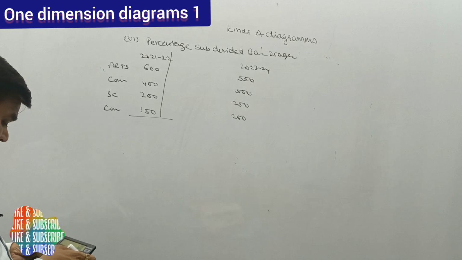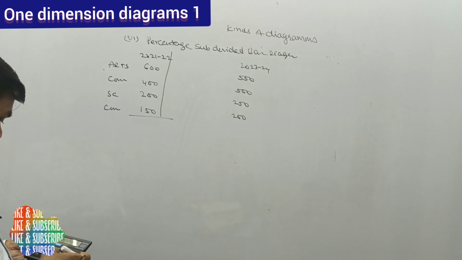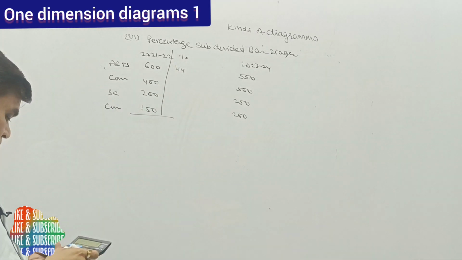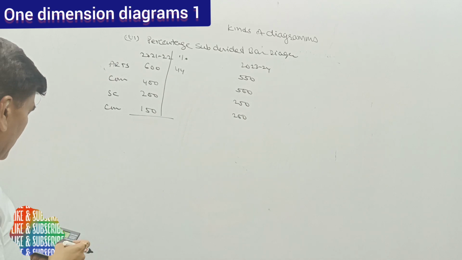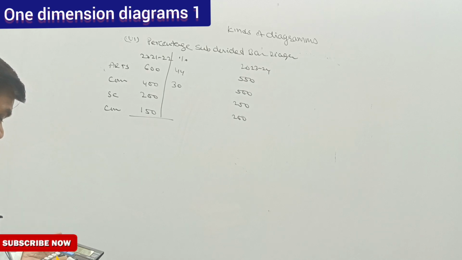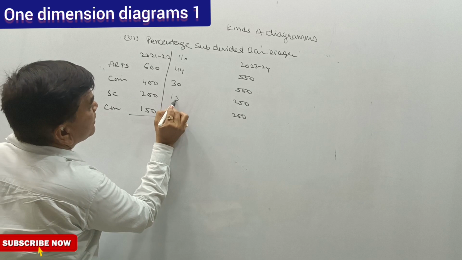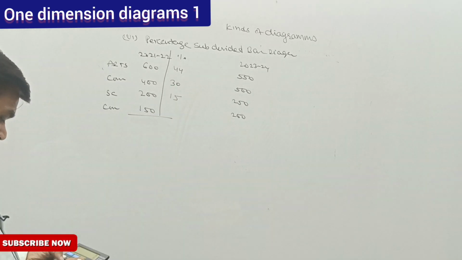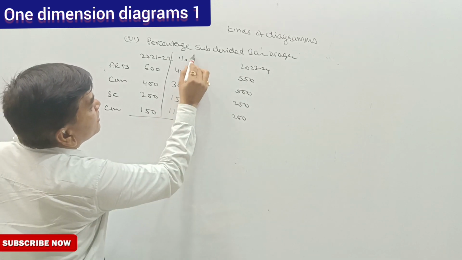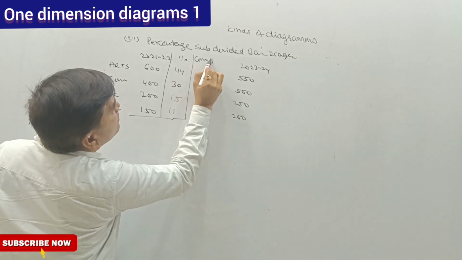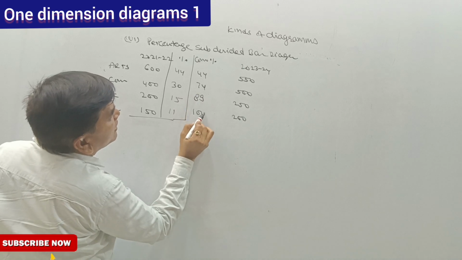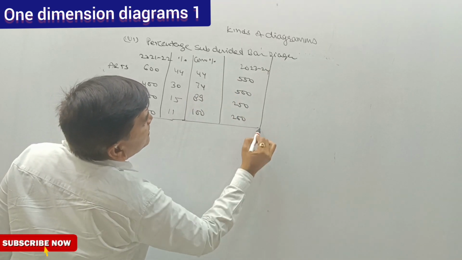So 600 divided by 1350 is 44%. 400 divided by this is 30%. 200 divided by this is 15%. So 44 plus 30 plus 15 is 89, and 11%. Cumulative percentage: 44, 74, 89, 100.